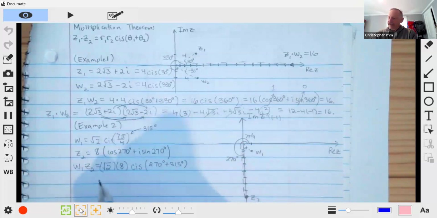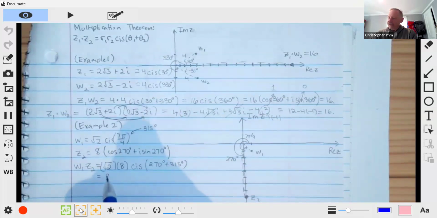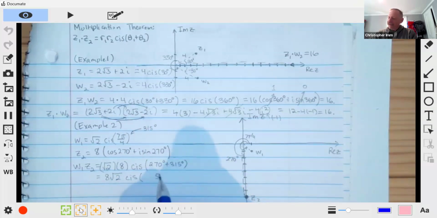All right. So I will get 8 root 2 for my modulus. I'm going to add these two together. So that would give me 5 and 8 and 5. So 585. I'm not really sure where that puts me. I know it's somewhere between 360 and 720.